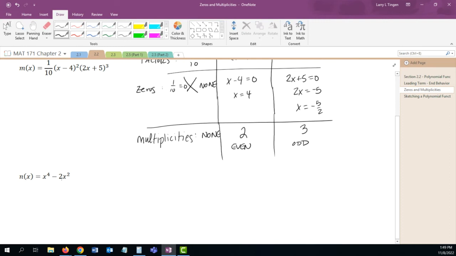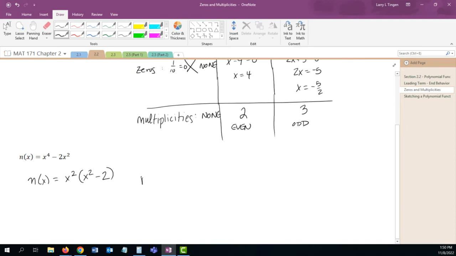Whenever you get a problem like this, take a look and see if there's any factors all the terms share. In this case, they do. x to the 4th and 2x squared have an x squared in them. So I can factor out the x squared, and x to the 4th divided by x squared is x squared. Negative 2x squared, take out the x squared, and I'm still left with the -2.